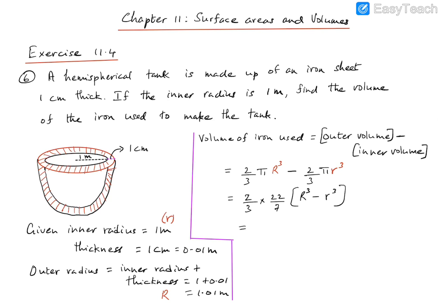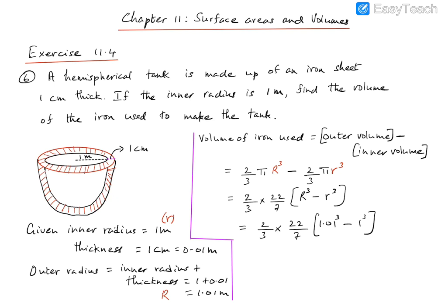So it's 2 by 3 into 22 by 7, into 1.01 cube, since the outer radius is 1.01 meter, minus 1 cube, since the inner radius is 1 meter. Now we can solve this and get the answer for the volume of the iron used in making the hemispherical tank.